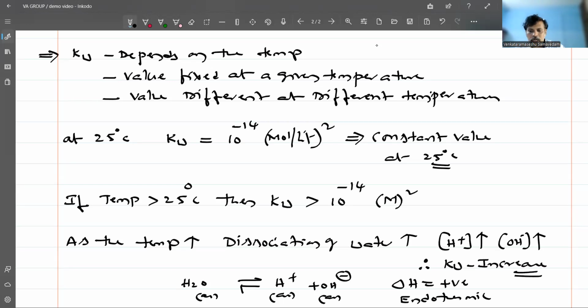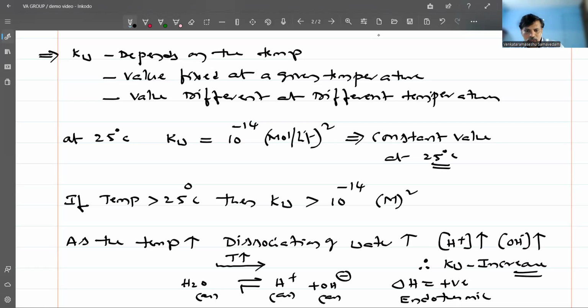Here we have to apply the Le-Chatelier principle. As per the Le-Chatelier principle, the equilibrium shifts towards the forward direction if you increase the temperature. Therefore, H plus ions concentration increases as well as OH minus ions concentration increases.